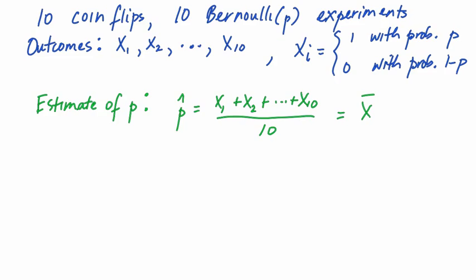And the sum of these 4 ones and 6 zeros will be 4, the number of times we get heads or whatever else we're interested in.